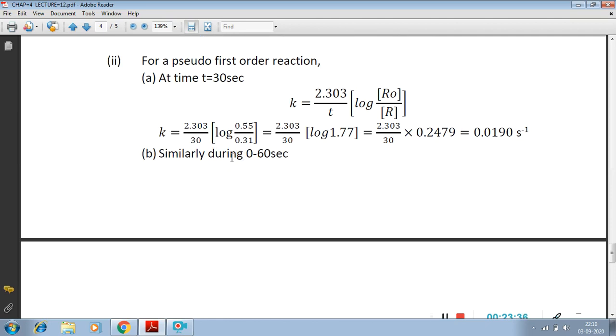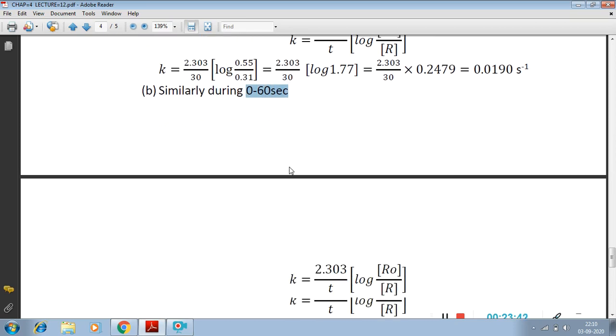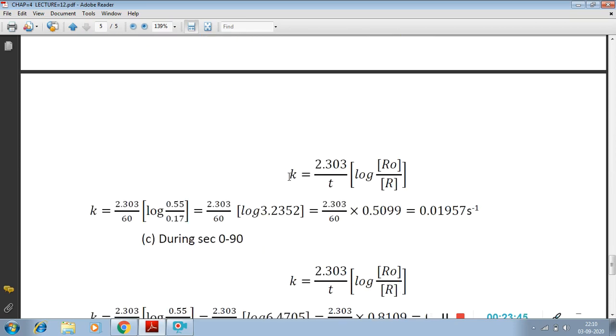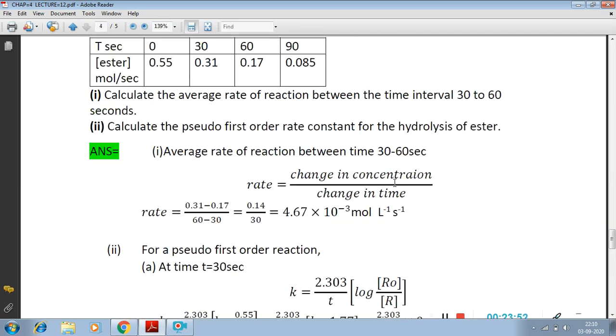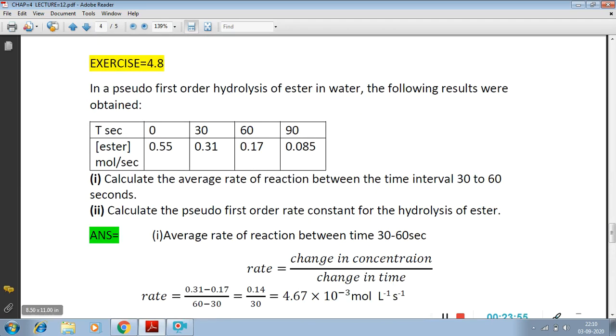Now for the time interval 0 to 60 seconds, the same equation: K is equal to 2.303 divided by t into log R0 by R. Here you can see at 60 seconds the concentration of reactant is 0.17. R0 remains as such 0.55, but the R value here is changed to 0.17, and the time interval 0 to 60 seconds means 60 seconds here.